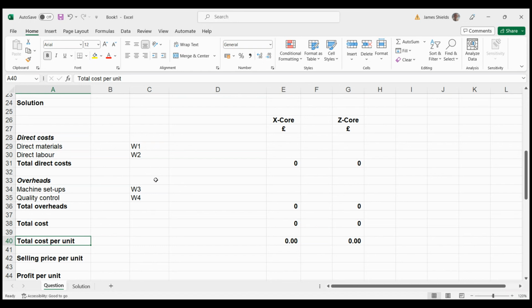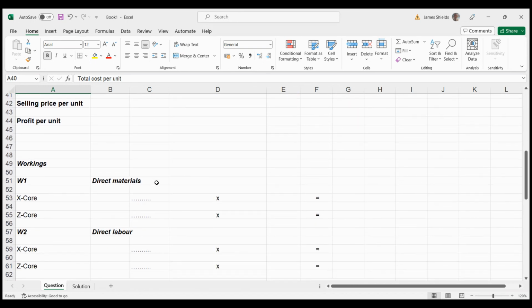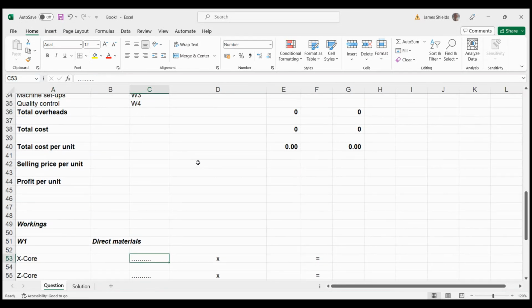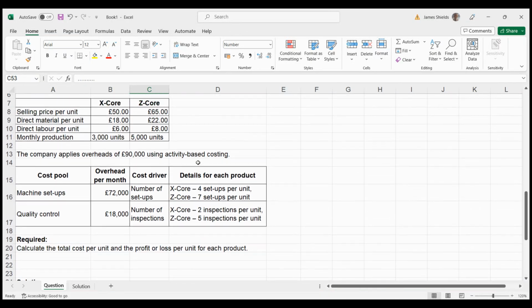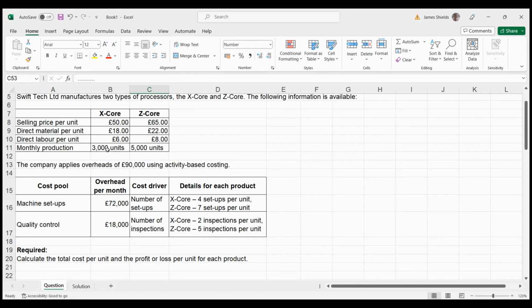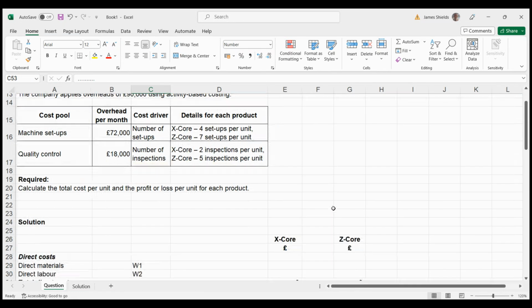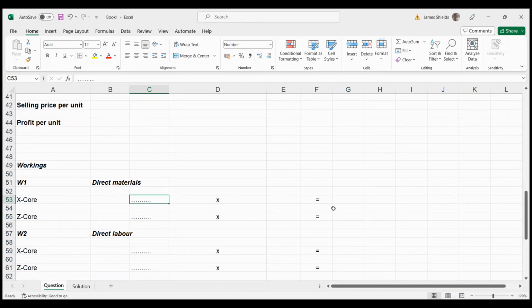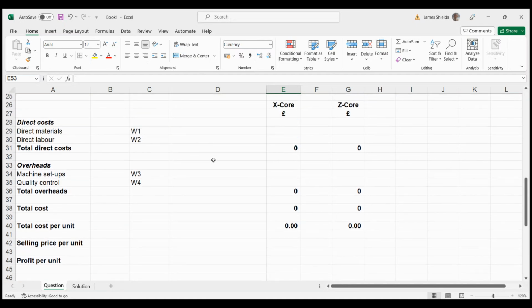So let's get down to direct materials then. So X core, for direct materials, we're going to see how many units we had. So X core with 3,000 units, and Z core was 5,000 units. Just put in the number of units first. Now direct materials, we know what it costs for direct materials. Let's go back to the question.